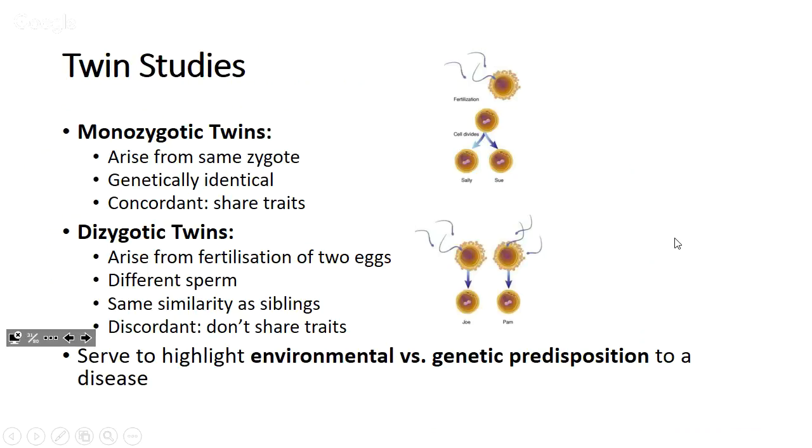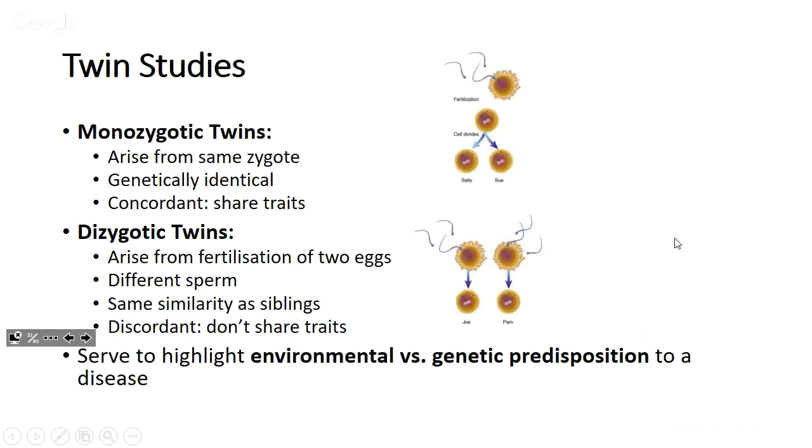There are two types of twins. Monozygotic twins, which are identical twins, which means that the zygote actually split apart at some point during the cell division phase, and you end up with two individuals that have the exact same genetic makeup. They're identical twins, so to speak, versus dizygotic twins, which is just a case where two eggs were released in the female, and then two sperm came along from the male and fertilized both of the eggs, and they have the same similarity as normal siblings do.